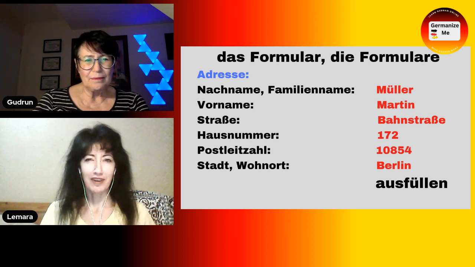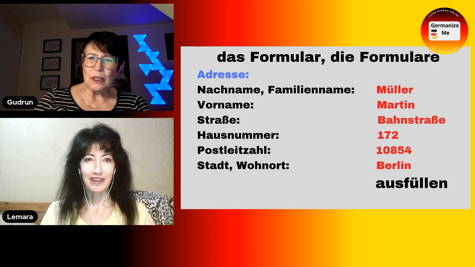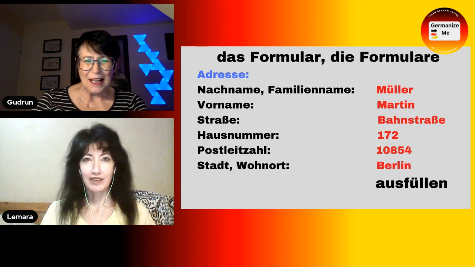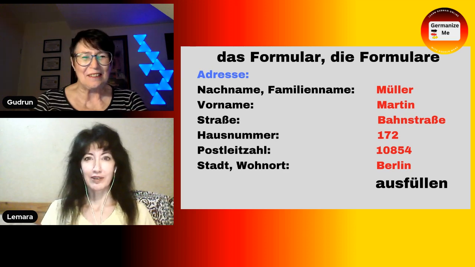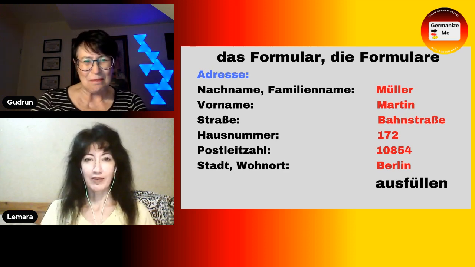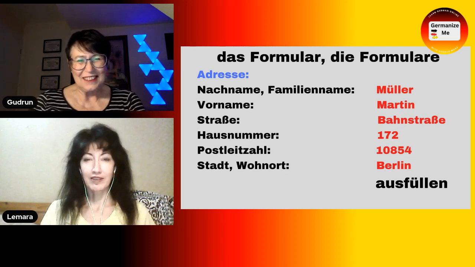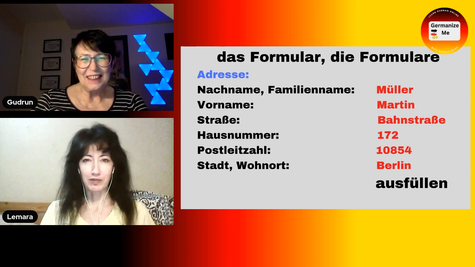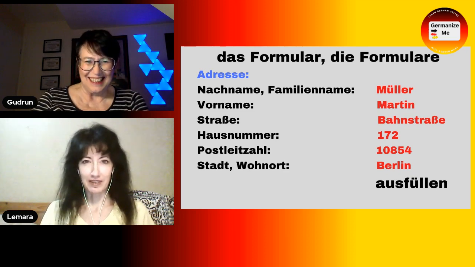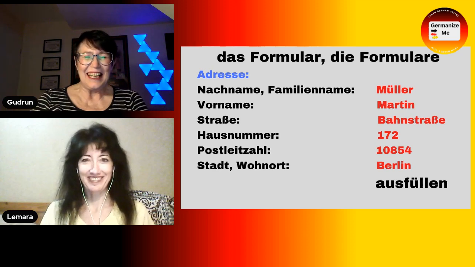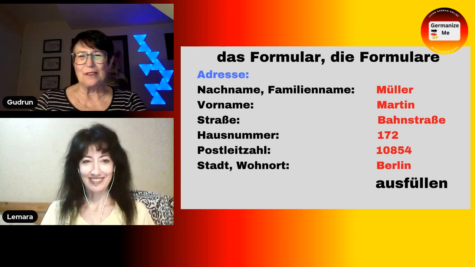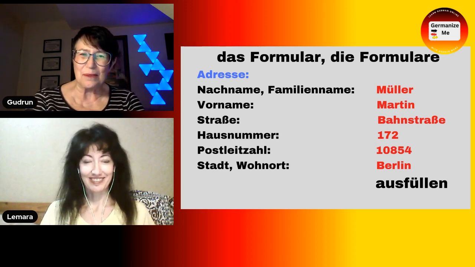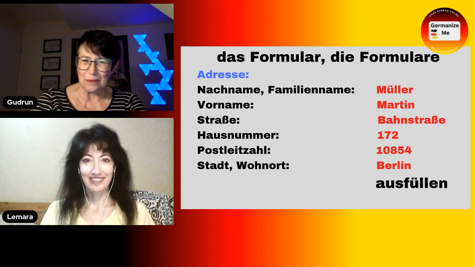Age. Usually they don't ask for the age, but indirectly they ask for the age by asking for my date of birth. Yes, date of birth, exactly. And nowadays, with all those technologies, what are they asking for as well?